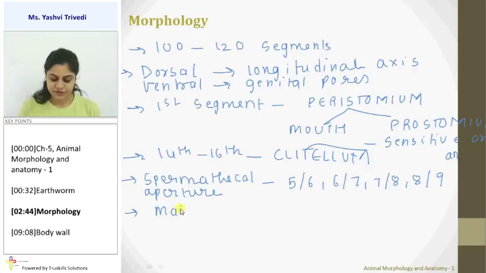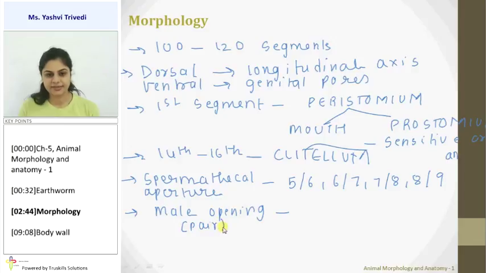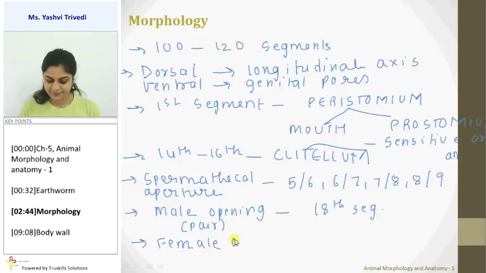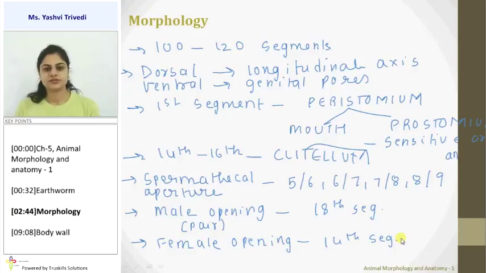A pair of male genital openings is present on the ventrolateral side of the 18th segment. As for the female genital pore, the female opening is a single one, it doesn't come in a pair, and it is usually present on the mid-ventral side of the 14th segment. So these two things are there on the ventral side of the body.